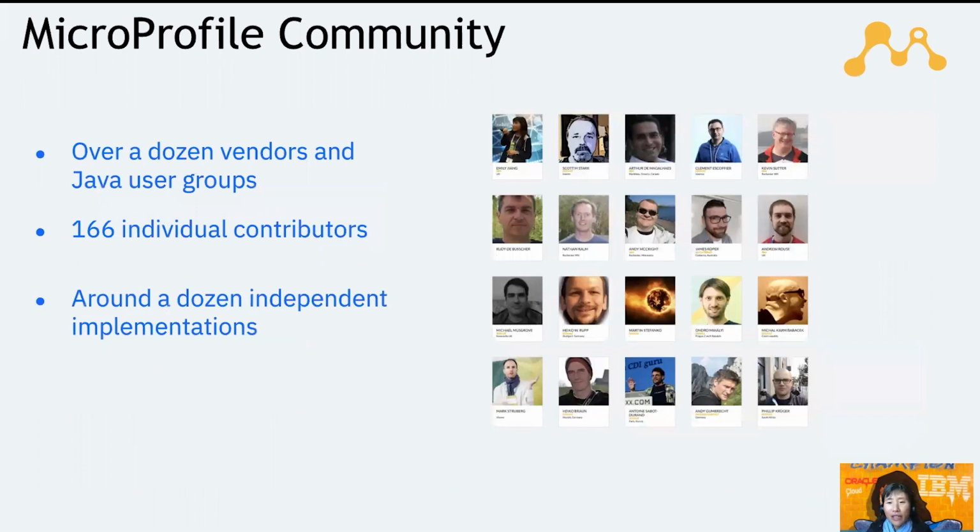The MicroProfile community is diverse in terms of the contributors and also implementations. It has contributors from companies like IBM, Red Hat, Payara, TomEE, and Tomitribe, and individuals. And it also has about a dozen implementations.